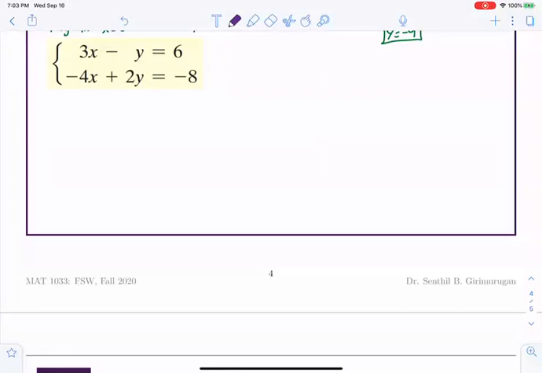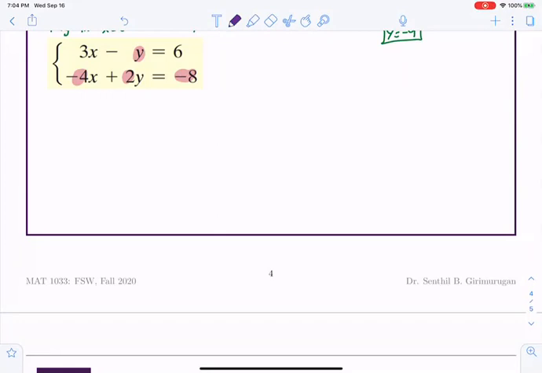So we have 3x minus y equals 6, and negative 4x plus 2y equals negative 8. And I look at the two equations, and to my eyes, the first equation seems easier. So there's a negative 4, a 2, a negative 8, too much negativity. So I'm just going to go with the first equation because I have y by itself.